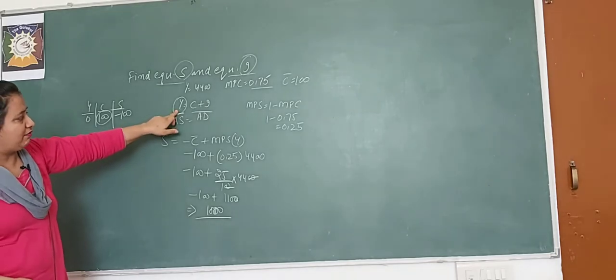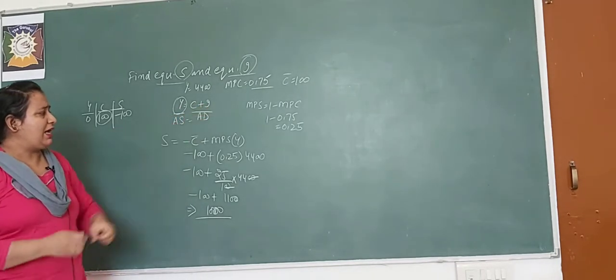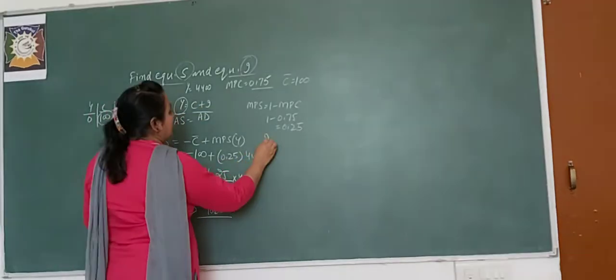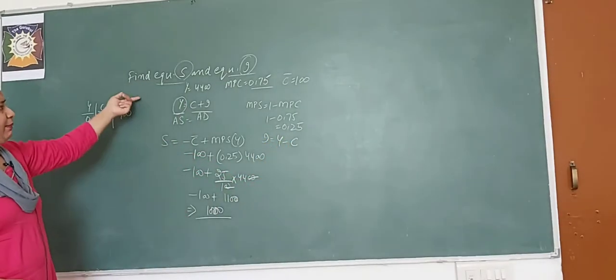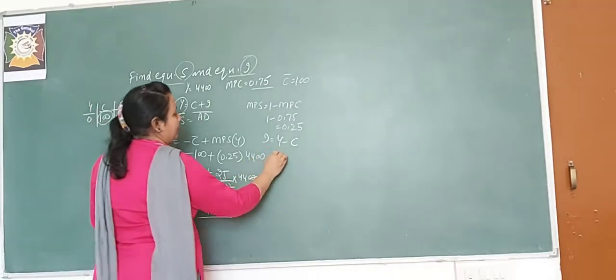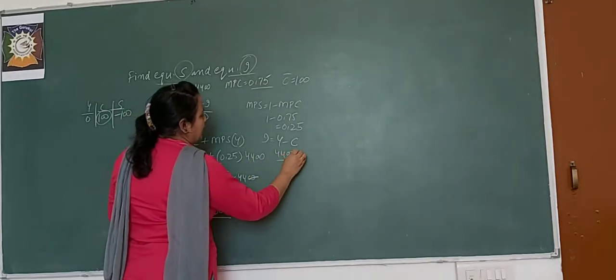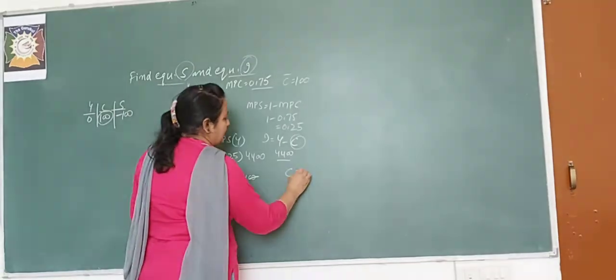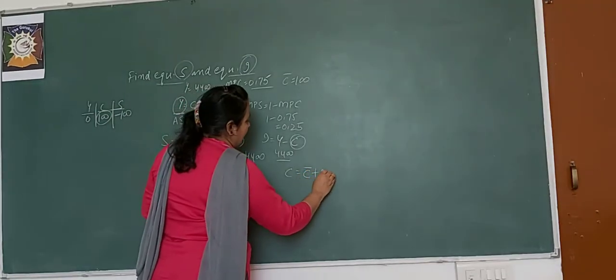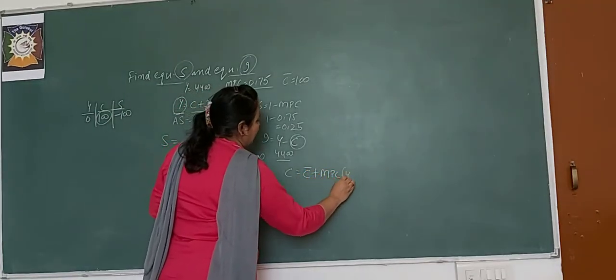इन्वेस्टमेंट फॉर्मूला, we have Y is equal to C plus I. अगर मुझे क्या निकालना है? इन्वेस्टमेंट निकालना है तो Y minus C. Y I have, Y मेरे पास है, what, 4400. अब मुझे क्या निकालना है? C. C means consumption. We know the equation of C. C bar plus MPC into level of income.